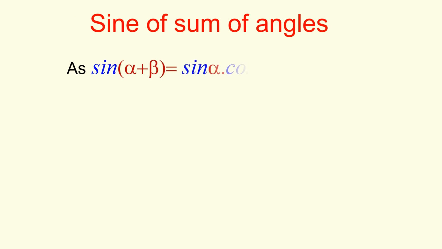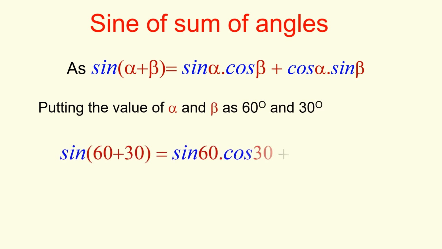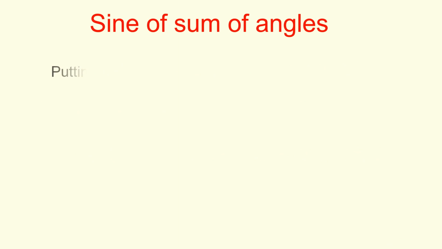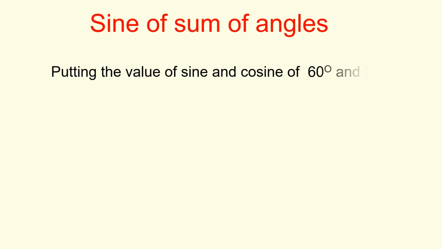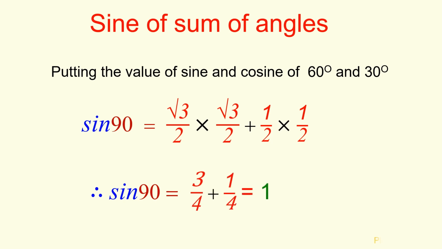Verify sine of sum of angles. Put the value of alpha and beta as 60 degrees and 30 degrees in sine alpha plus beta. Putting the value of sine and cosine of 60 degrees and 30 degrees, we get sine 90 is equal to 1. Hence, verify the formula.